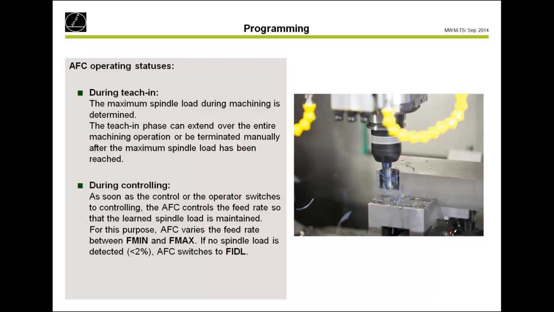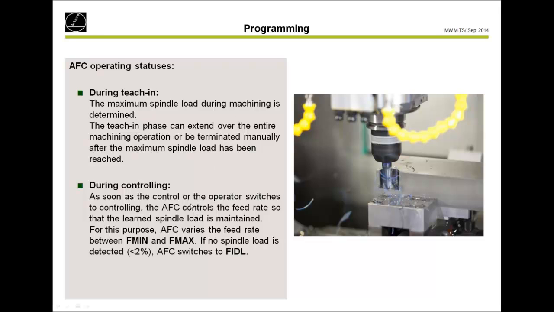For example, if you are doing finishing, you do not get a spindle load. Or when you have a small miller, for example, normally with an HSK spindle 63, and you have a 6mm diameter cutter, then there is no spindle load. So we need spindle load: more than 6% spindle load so that we can work with AFC.